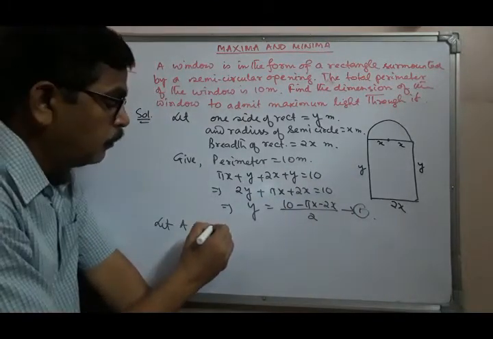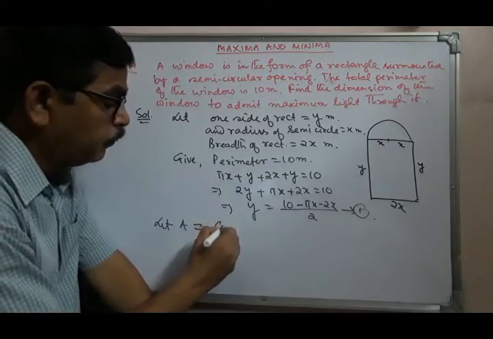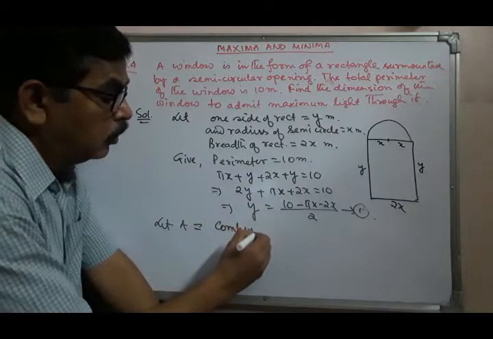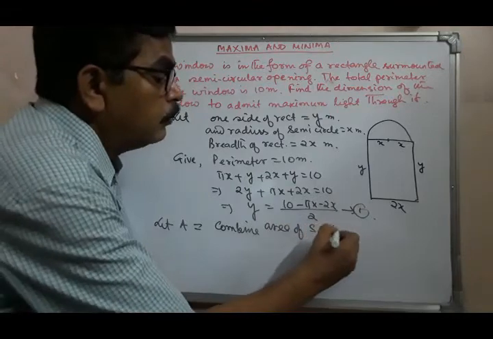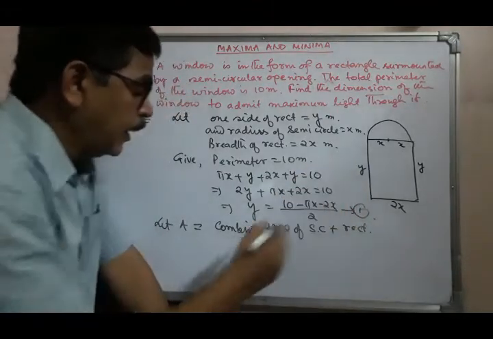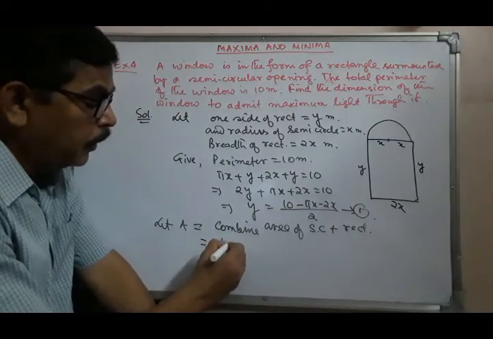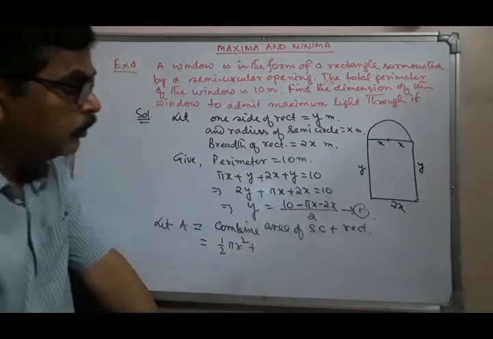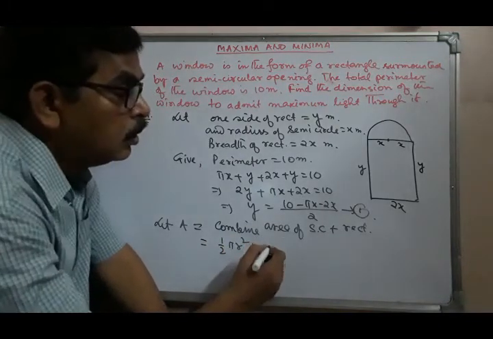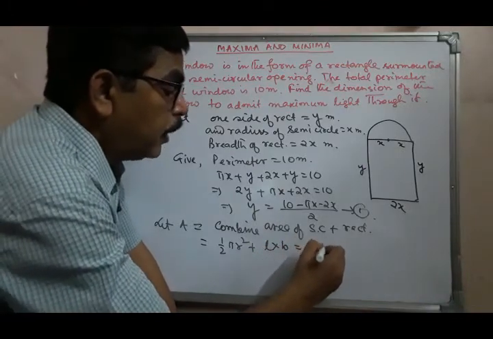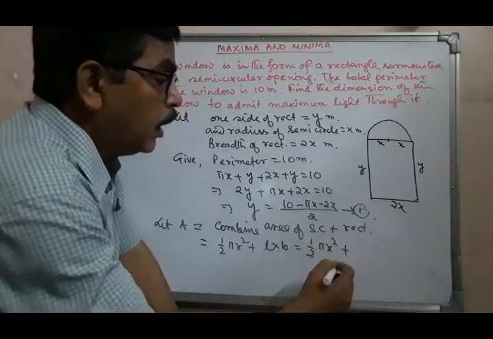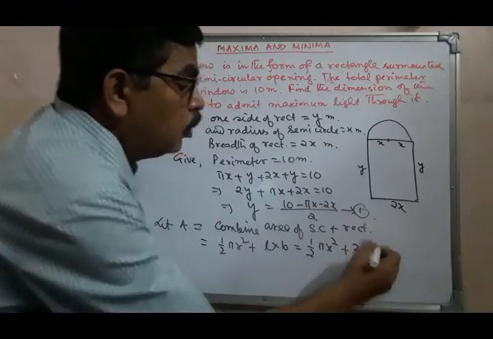Now let A be the combined area of the semicircle plus rectangle. So half pi r square plus length into breadth, that is half pi x square plus 2x y.